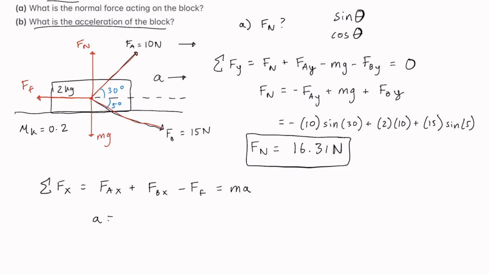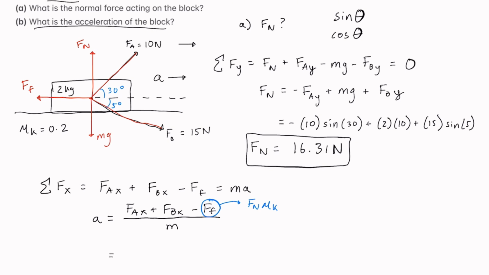Let's isolate a by dividing over the mass to get Fax plus Fbx minus Ff over m. Now, like we've done before, we can set Ff equal to Fn times the coefficient of kinetic friction, since our block is moving in this problem.